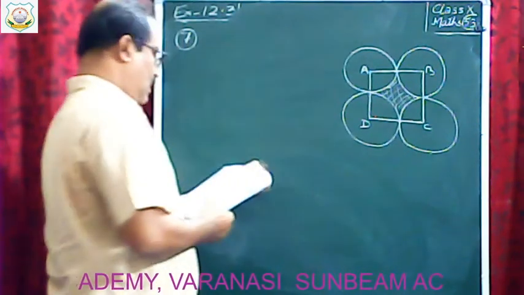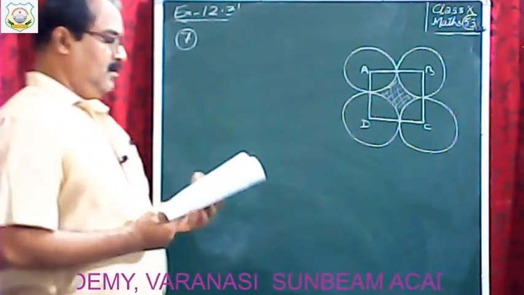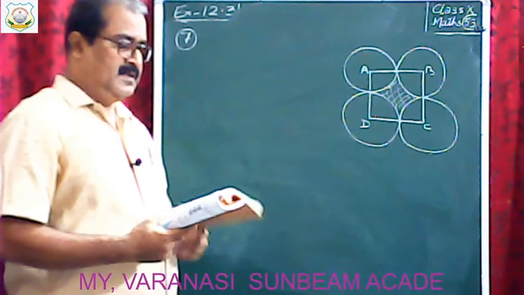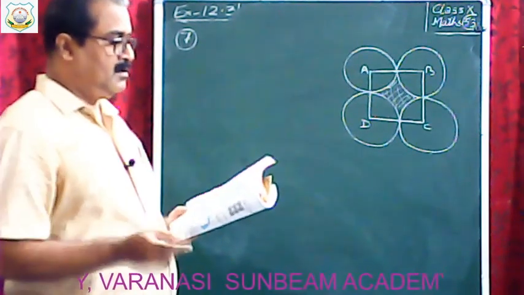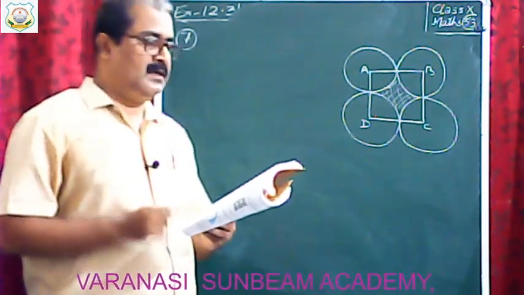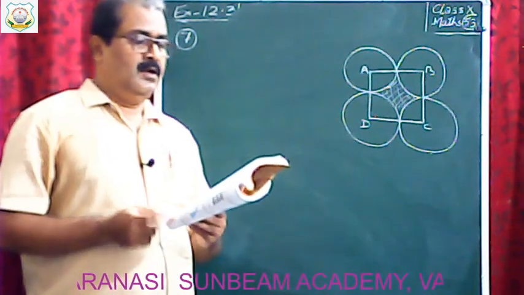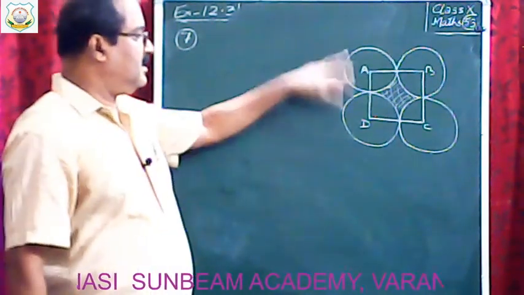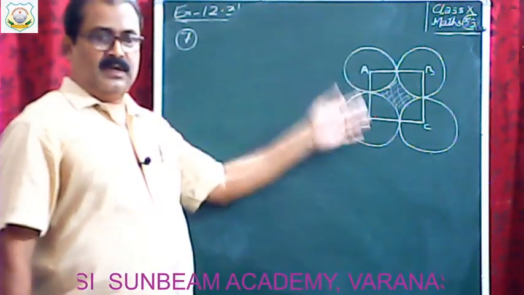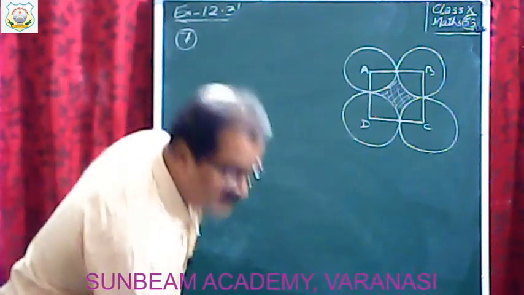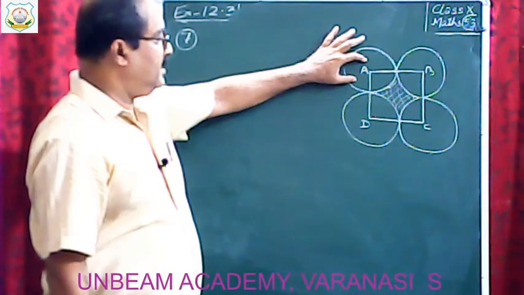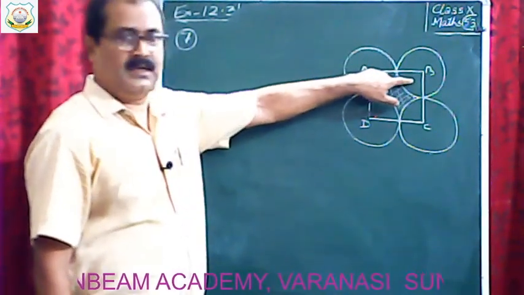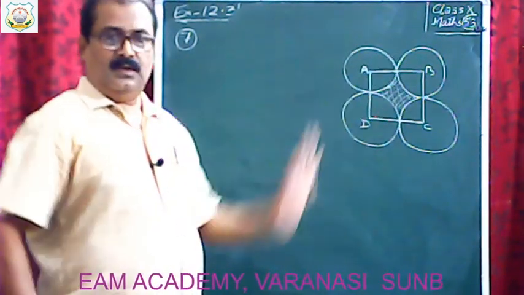With centers A, B, C and D, 4 circles are drawn such that each circle touches externally 2 of the remaining 3 circles. Each circle touches 2 circles out of 3. The circle with center A touches 2 other circles out of the remaining 3.